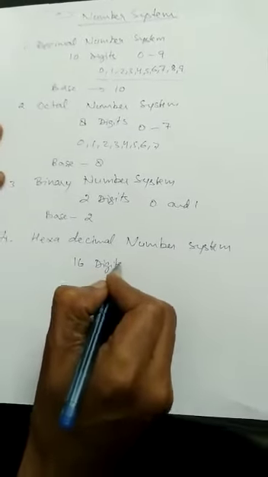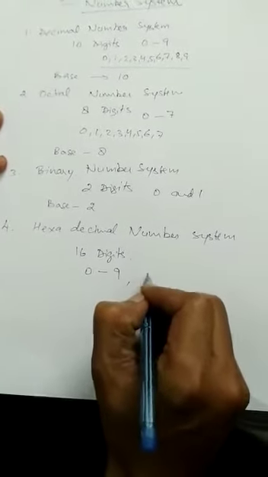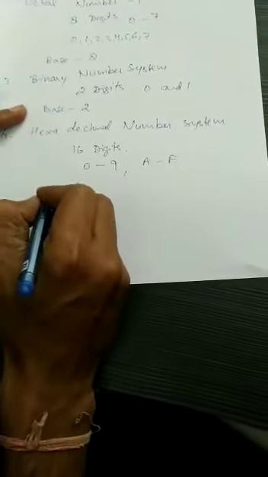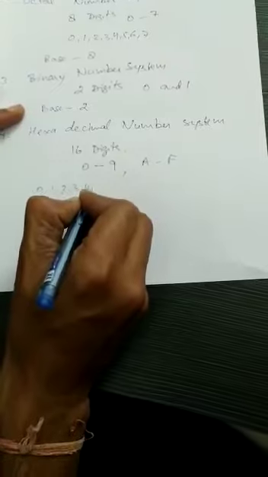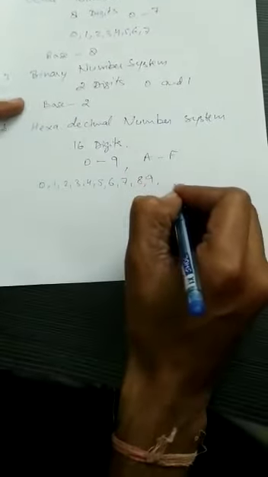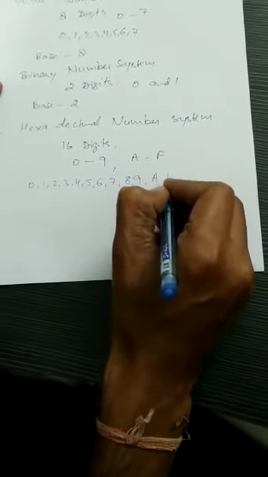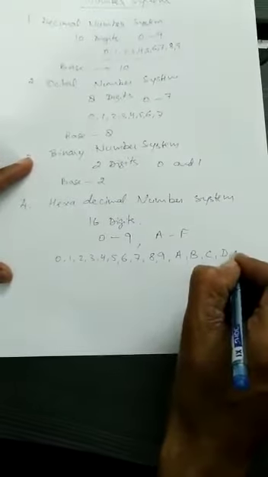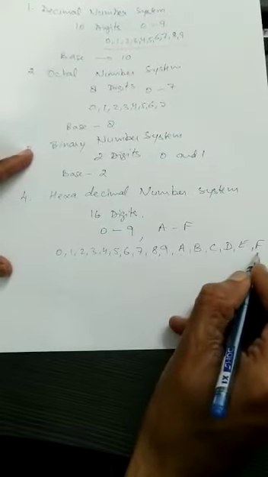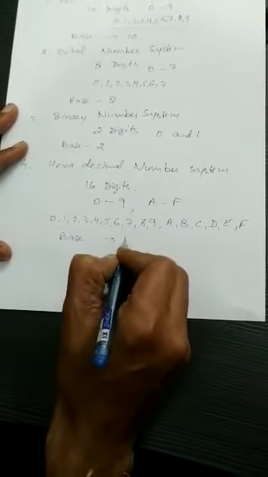So they are first 0 to 9 and then A to F. It means 0, 1, 2, 3, 4, 5, 6, 7, 8, 9 and then the other numbers, that is 10 is represented by A, B, C, D, E and F. So this is 10, 11, 12, 13, 14 and 15. So the base of the hexadecimal number system is 16.